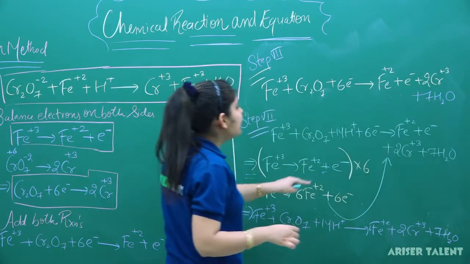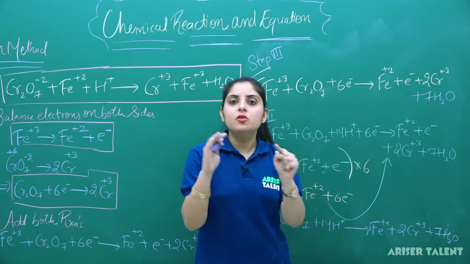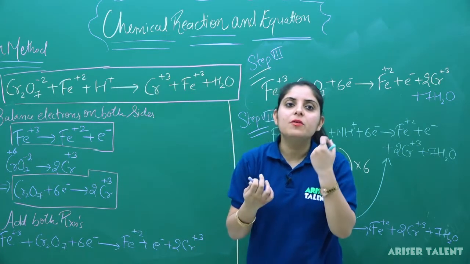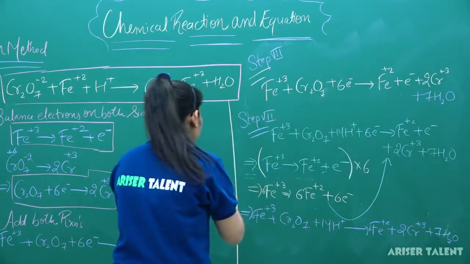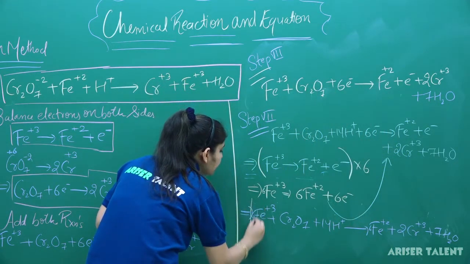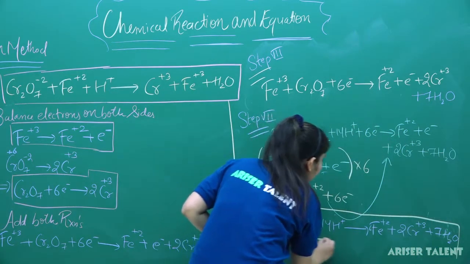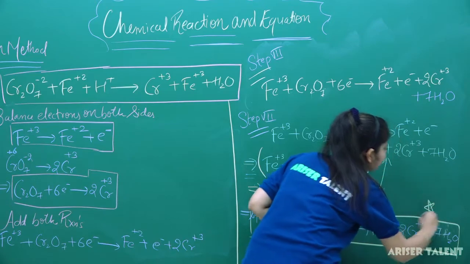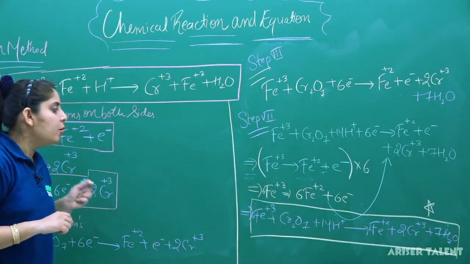So what will happen in this case, 6 electrons will be cancelled by the 6 electrons because our first aim is to balance the electrons. So what we will get on the product side is this equation. So I must say that this equation is a completely balanced equation by the half reaction method or ion electron method of a redox reaction.